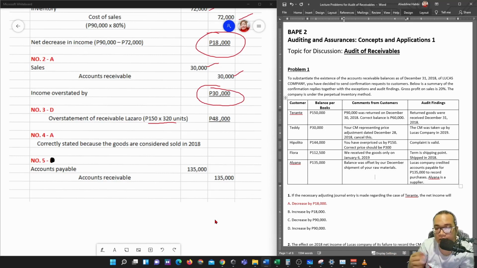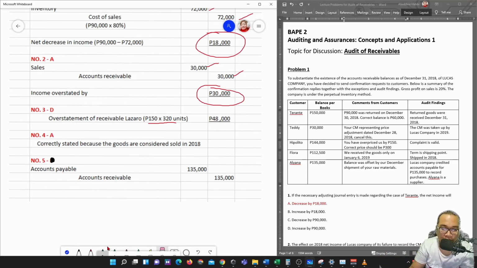Si Aliana naman nag-deliver ng shipment of raw materials. So, basically, napag-usapan nila, oy, sige, quits na lang tayo. Na-confirm yan. Di ba? Kinonfirm mo. So, tama. Since nag-quits lang naman sila dalawa, kasi pareho lang sila. Binigay ko ito, ibigay mo yan sa akin, quits na tayo dalawa.